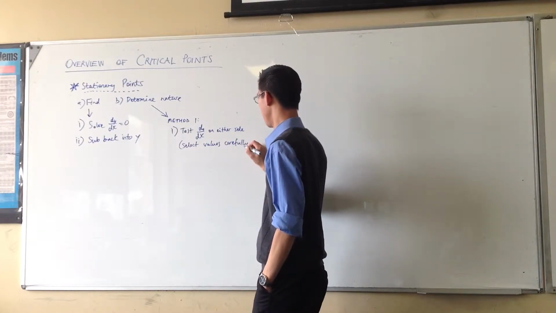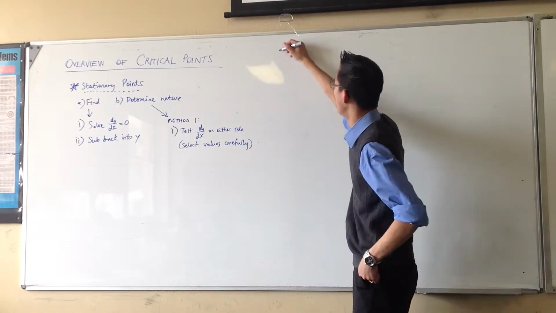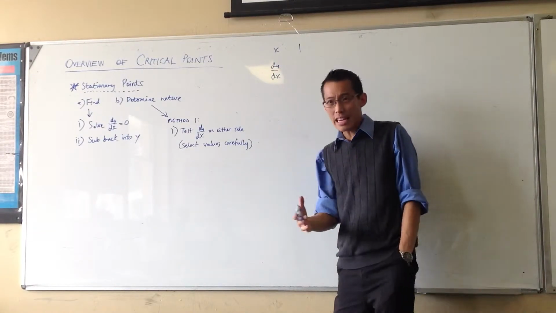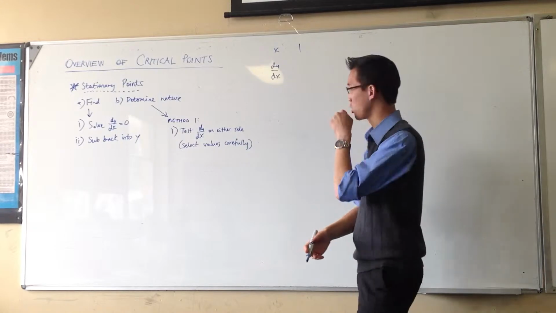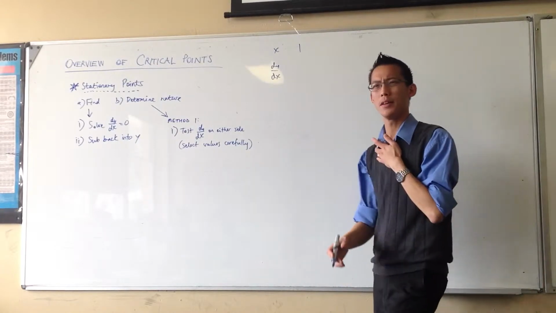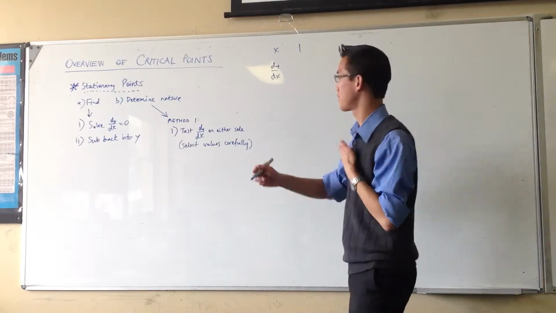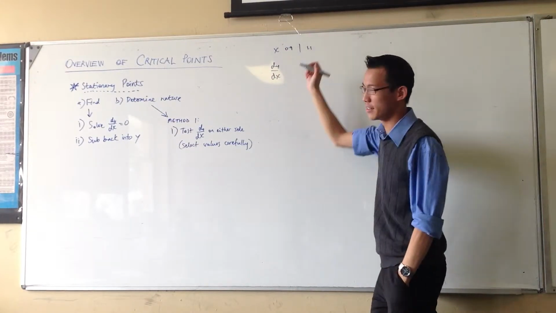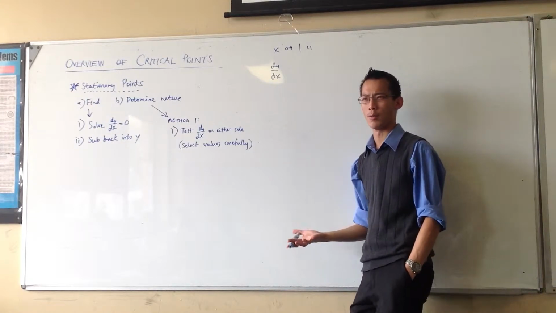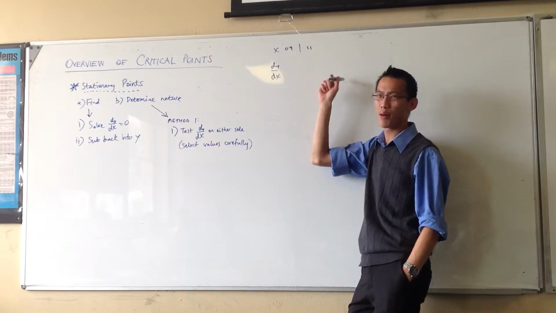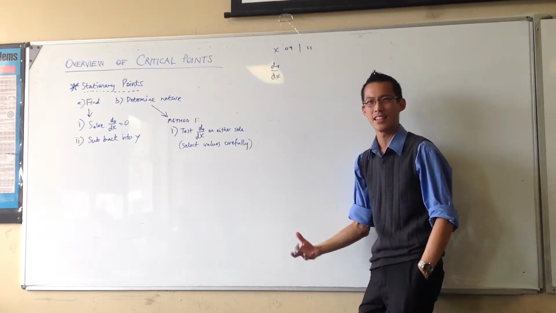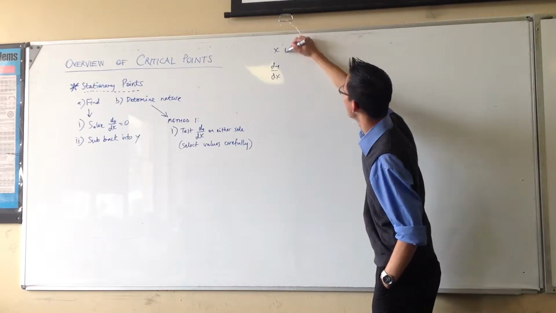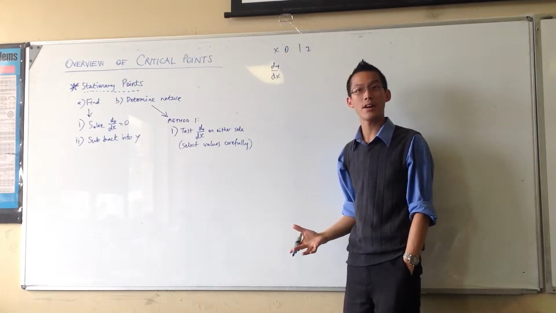For instance, if you found a stationary point at x equals 1, you could go just a little bit to the left, 0.9, and just a little bit to the right, 1.1. That would probably give you some helpful values. But 0.9 and 1.1 are difficult, fiddly numbers to work with, so we probably want to pick numbers like 0 or 2. Those are easy values.